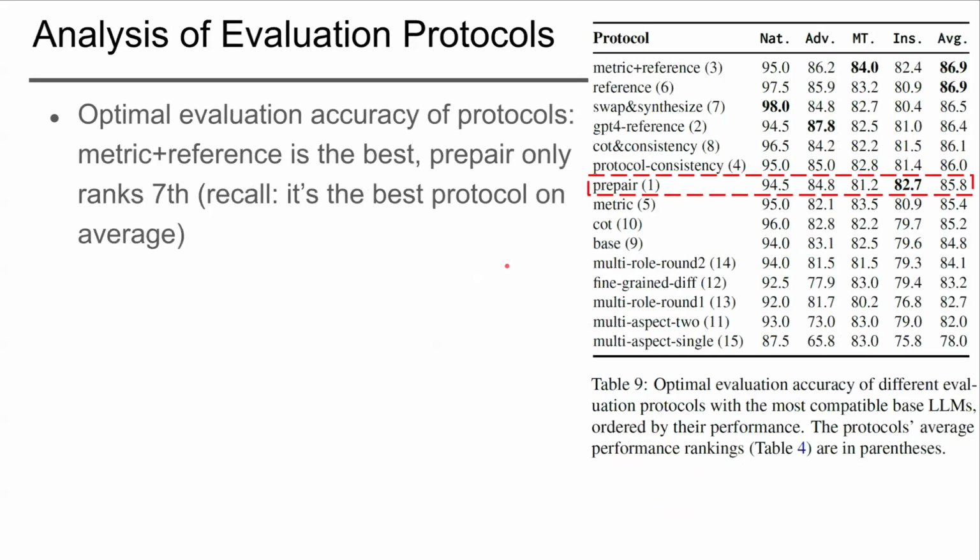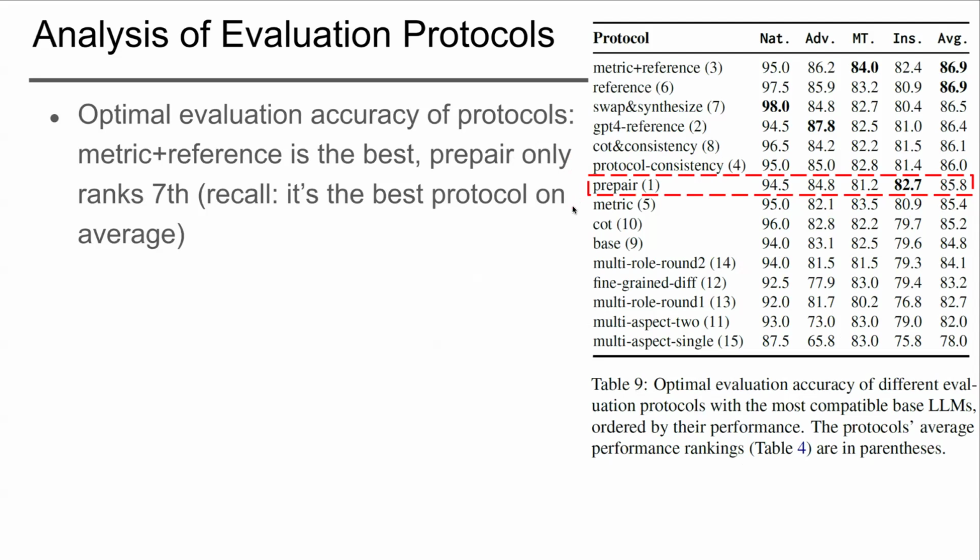And this is another thing: if you choose the evaluation protocol and then look into which model it provides the highest improvement for, it turns out that you get quite different results. For example, before I mentioned that prepare on average works the best among all protocols.